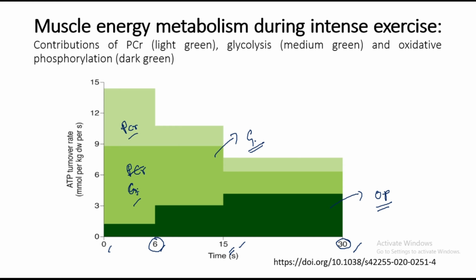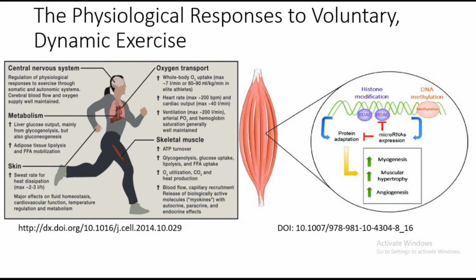This is how the muscle uses the energy from different energy sources. The energy here is ATP for the contraction-relaxation process. And adaptation in the muscles, particularly seen on a long-term basis, is increasing the ATP turnover and increasing the glycogenolysis, glucose uptake, lipolysis, and free fatty acid uptake.